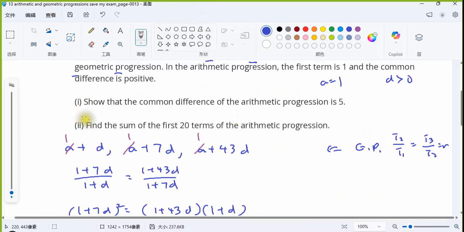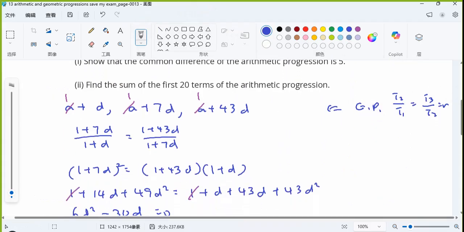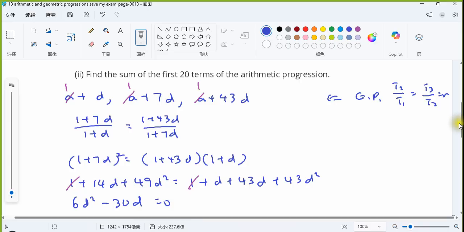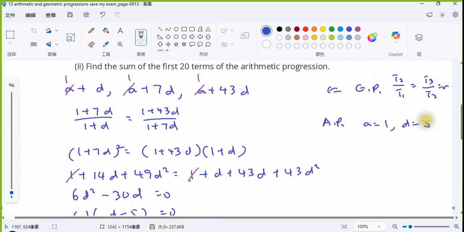The A2, I missed it just now. Find the sum of the first 20 terms of this AP. So for this AP, we know that A is 1 and D is 5.